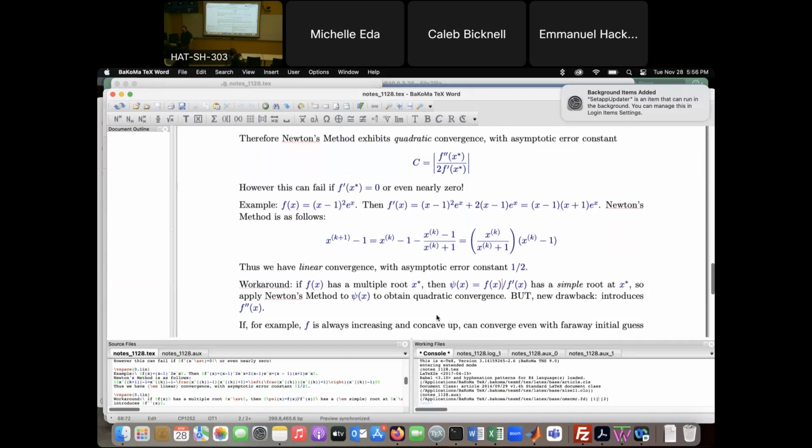So there are certain cases where Newton's method behaves very well. In this case, if the derivative is not changing sign, that's a favorable case for Newton's method.